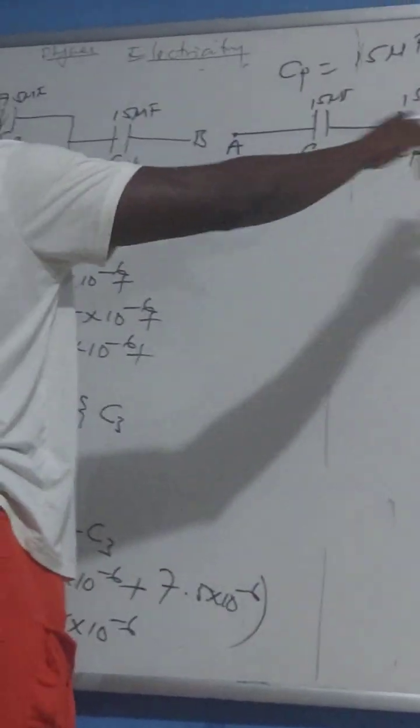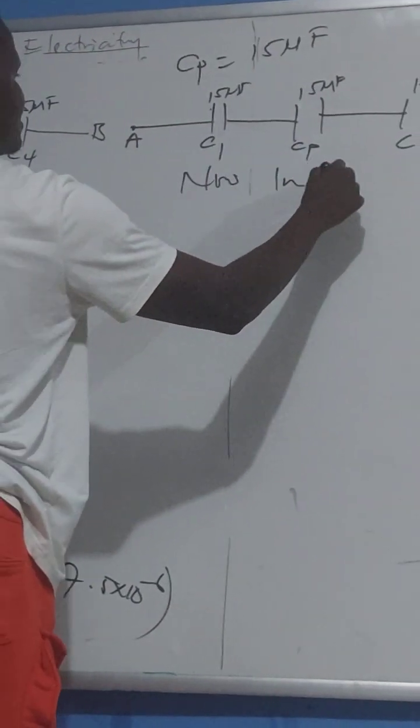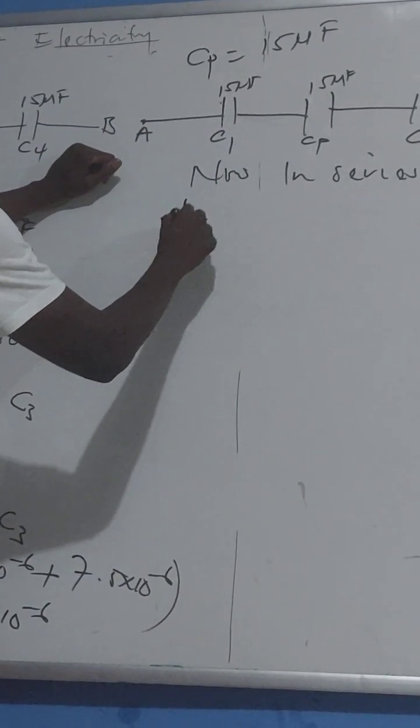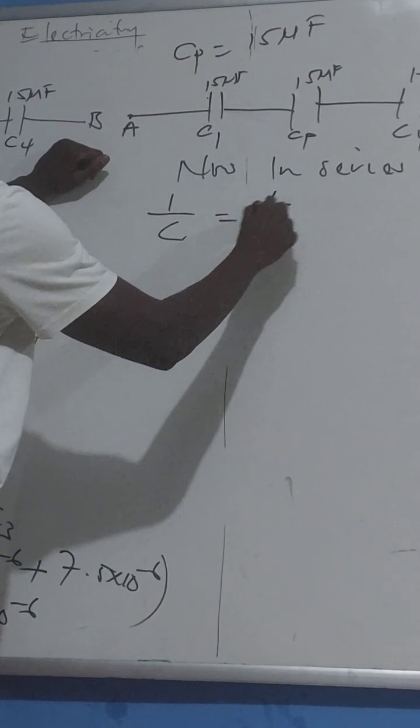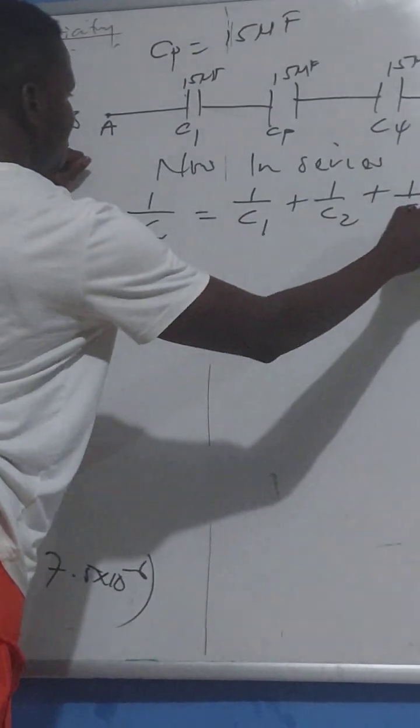So now solving this one in series, these capacitors now are in series. And we know that for series, 1 upon C is equal to 1 upon C1 plus 1 upon C2 plus 1 upon C3.